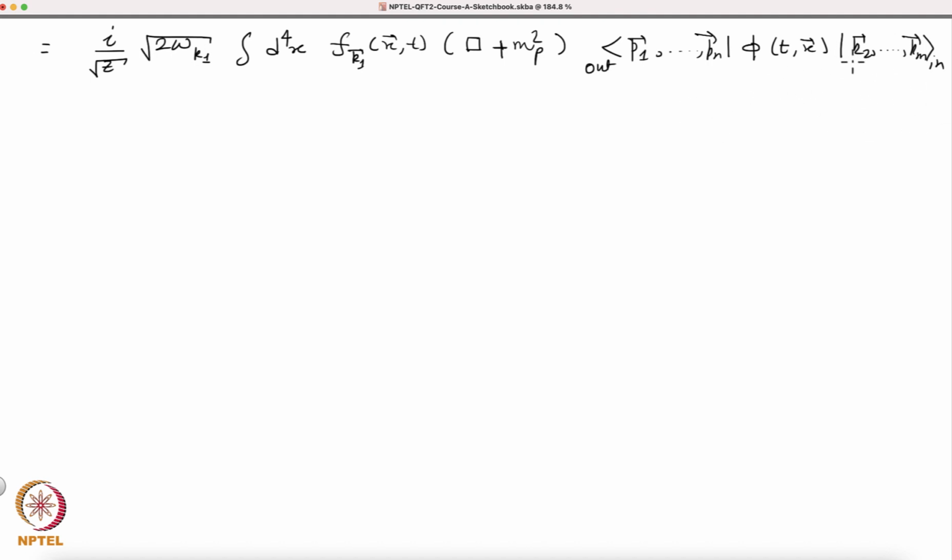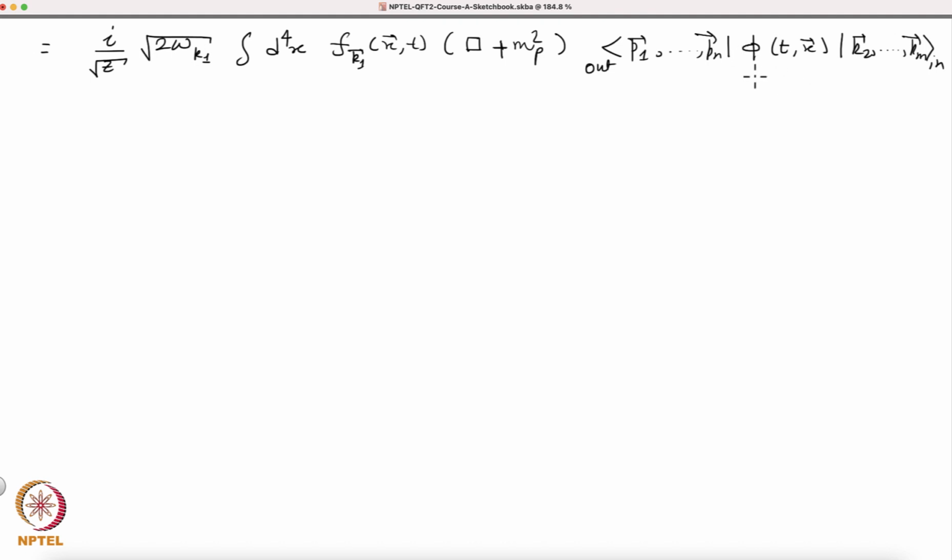Okay, so it's nice. I have been able to get rid of one of the labels, k1, from the in state and replaced it by an operator, the operator phi, which is your field operator that is present in your action, okay. And of course there are some differential operators and some simple functions which need to be integrated over, but still this is a nice result. I'm getting things which are familiar, and now you can see almost what will happen.